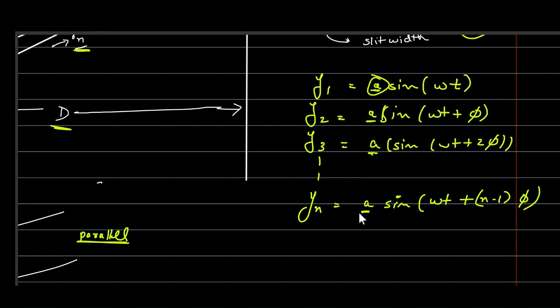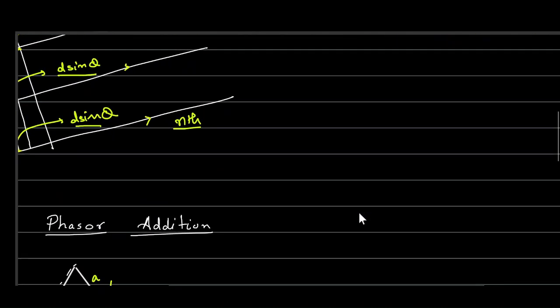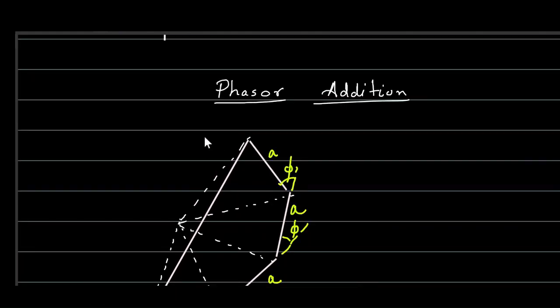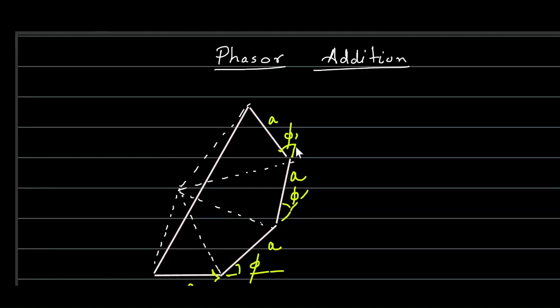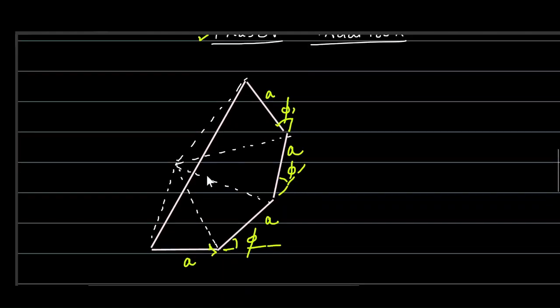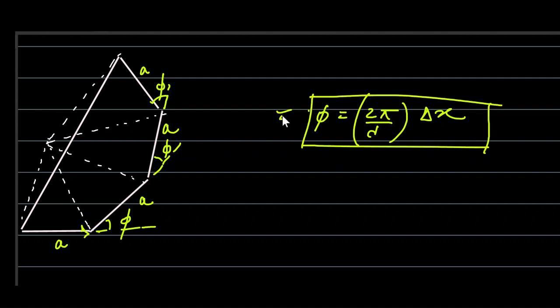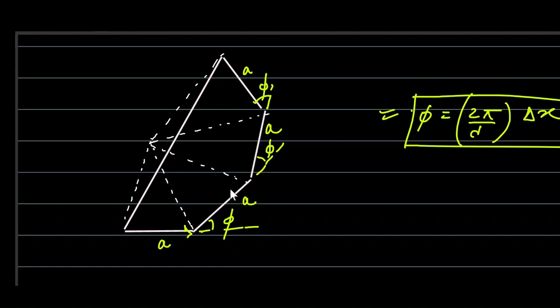Now to calculate the resultant amplitude, we have to use phasor analysis. This is a kind of vector addition, which we call phasor addition. They have some respective phase difference, and we can calculate this phase difference from this quite common relation. Each adjacent wave will have a phase difference of phi.